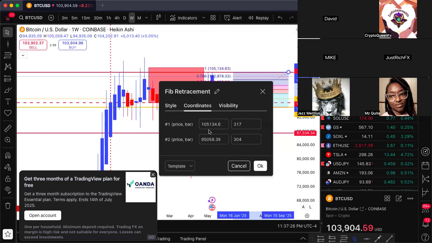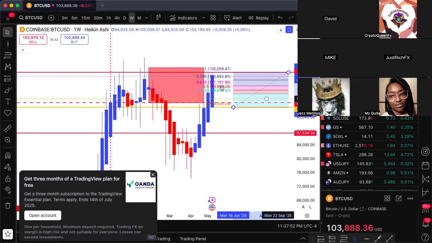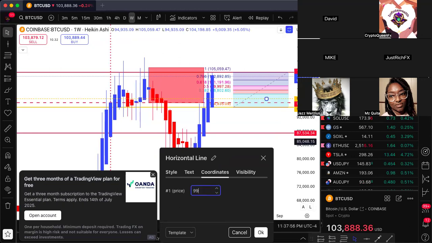The weekly high and the monthly high are the same, 105,947. And the low is 94,935.09. And the mid is 99,997.28.